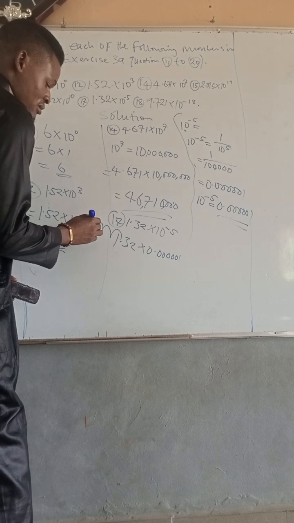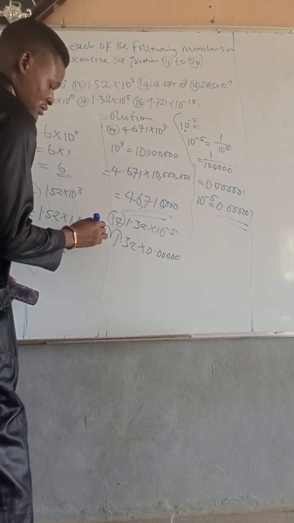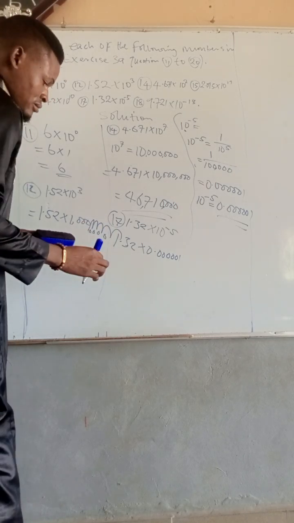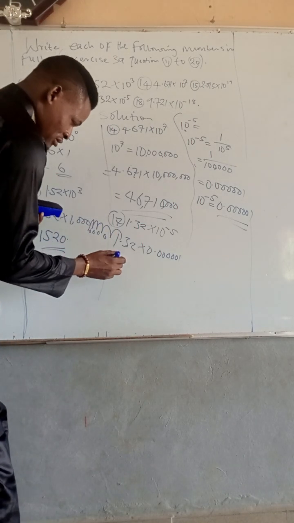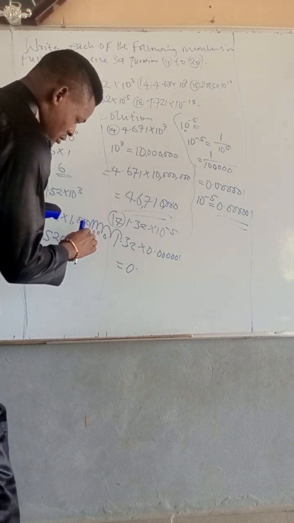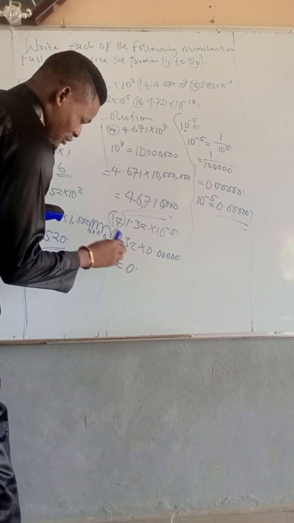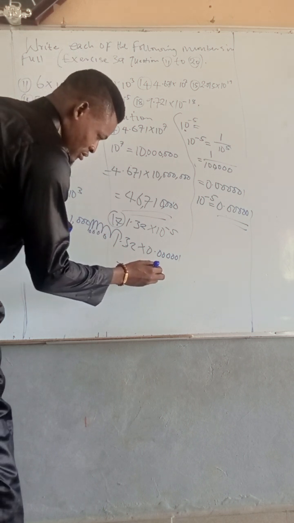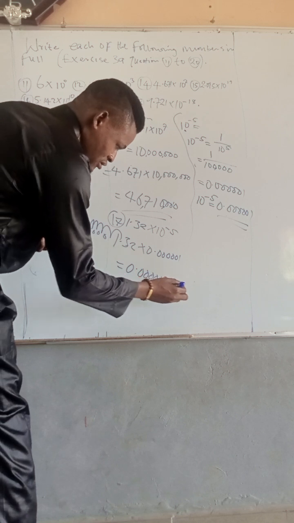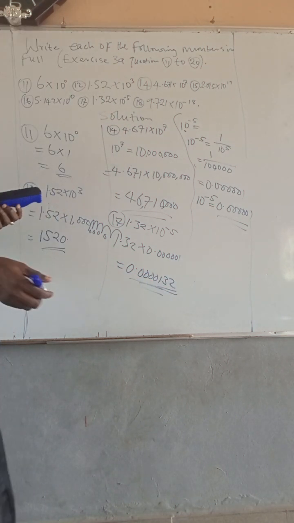So we have 0, 0, 0, 0. So our answer is going to be 0.00001 32 as our final answer.